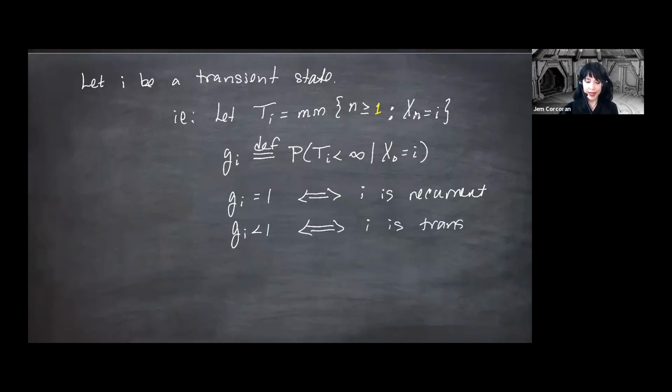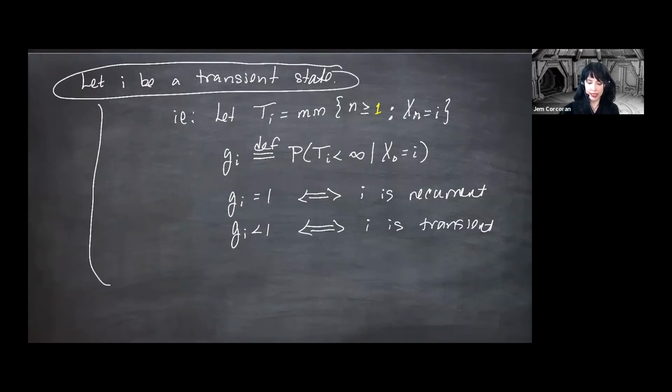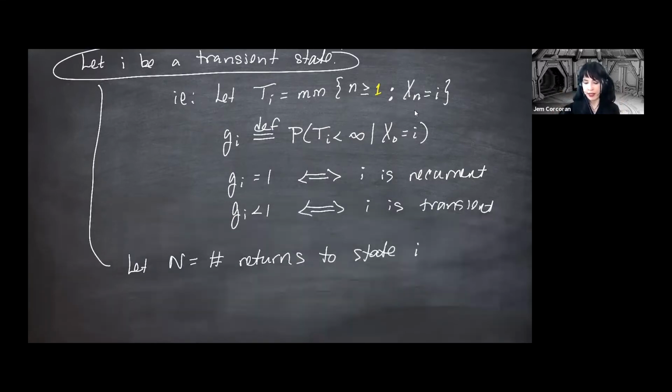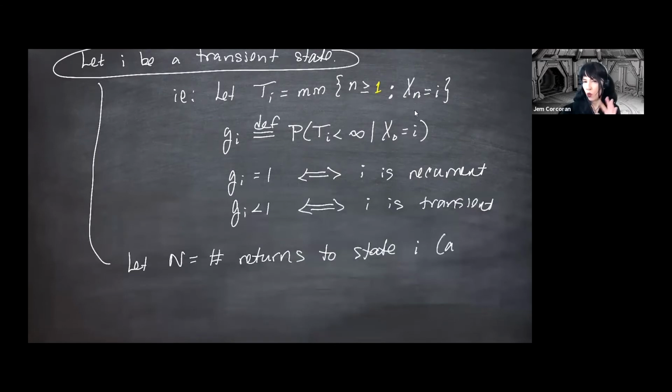Okay, so again, I want to know the expected number of returns to a transient state. Starting with this, I'm going to let n be the number of returns to state I. And implicit in me writing returns, this is at times 1 or greater, not time 0. So at times 1, 2, 3, and so on.